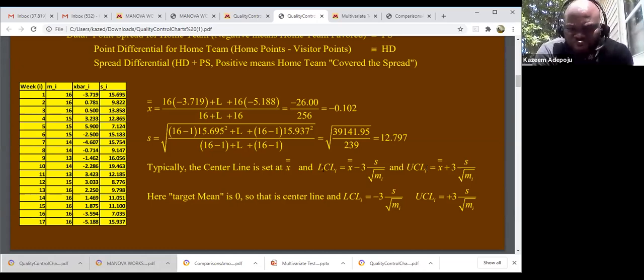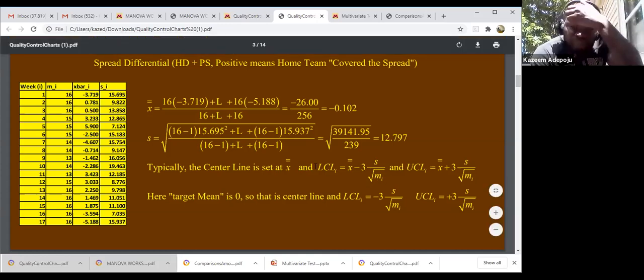To compute the lower control limit, I'm going to use the X bar right here, 12.797, and put it here minus 3 times the overall standard deviation, divided by the square root of n. How many of these are you going to compute? 17 of them, because you use the first one for 16 and so on like that. So you're going to do the same thing for the upper limit.